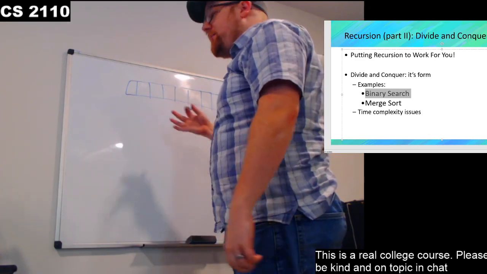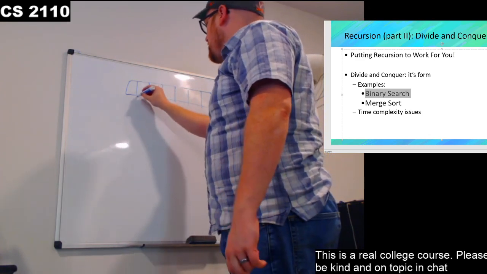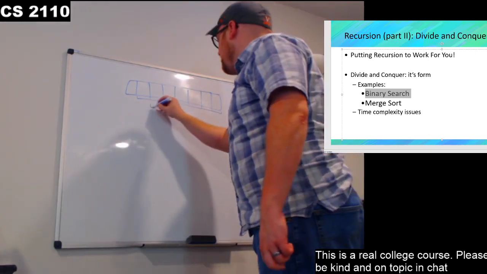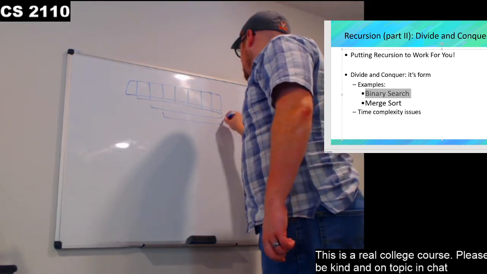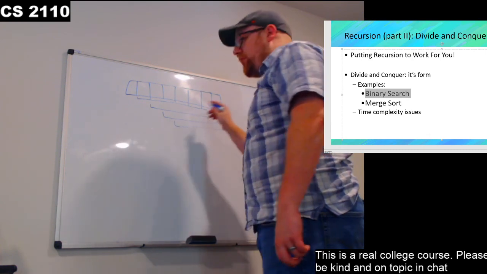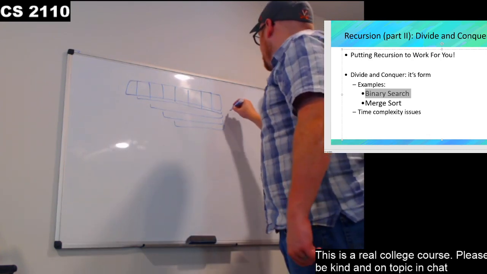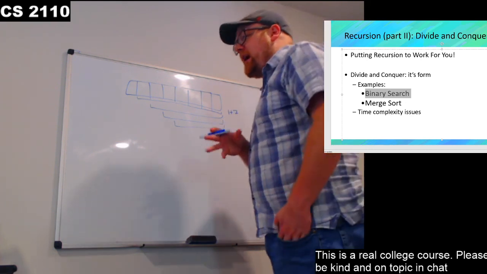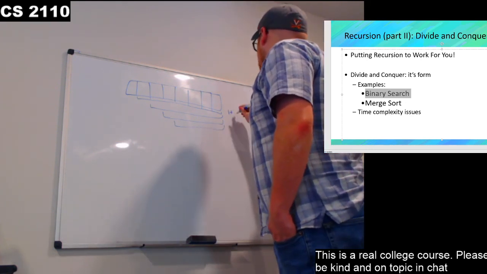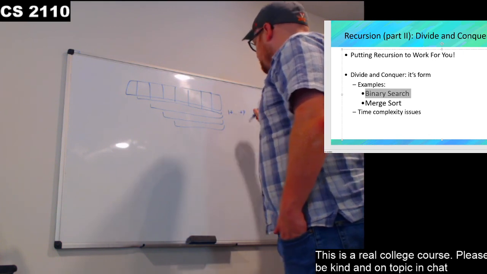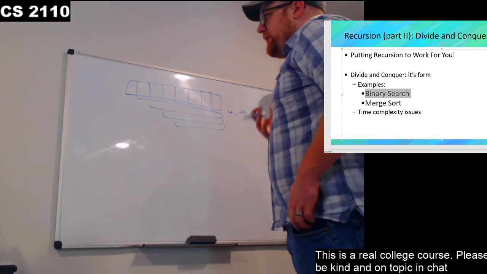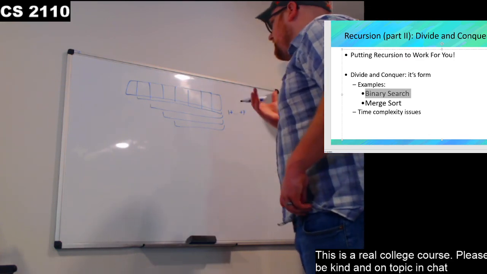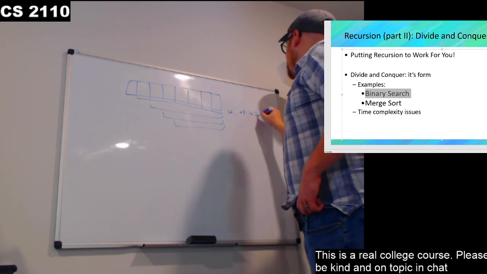If I wanted to perform a selection sort, I had to find the minimum: 7 comparisons, plus 6, plus 5, plus 4, plus 3, and so on. That is the sum of every number from 1 to 7, not counting my swaps, just the comparisons. 1 plus 7 is 8, 2 plus 6 is 8, 3 plus 5 is 8, plus 4. That is equal to 28 steps.